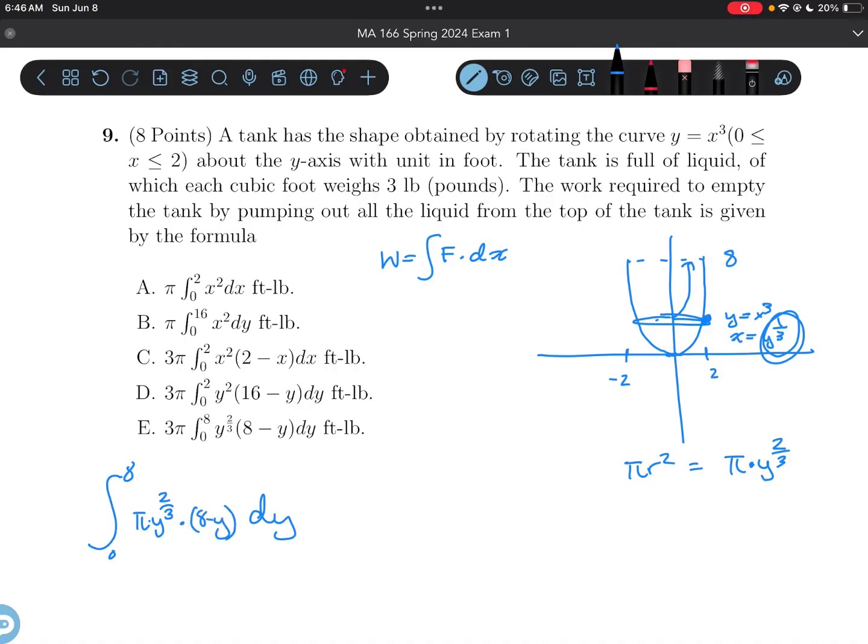And there's one piece we're forgetting. That is the weight of the water. So this quantity over here is only the area. We also need to multiply by 3 because they say that each cubic foot weighs 3 pounds. So we multiply by 3 at the front. So our final integral is 3 pi times y to the power of 2/3 times 8 minus y dy, which means that the answer to this problem is E.